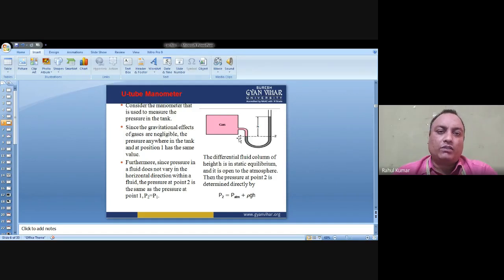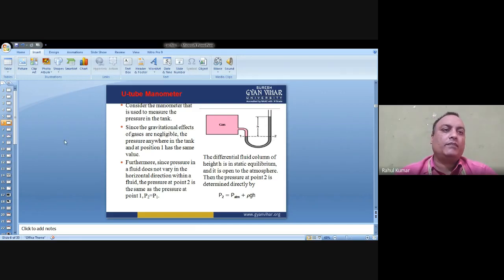Suppose the datum levels of this manometer are 1 and 2 here, and it creates a difference in height, just like an h, right?